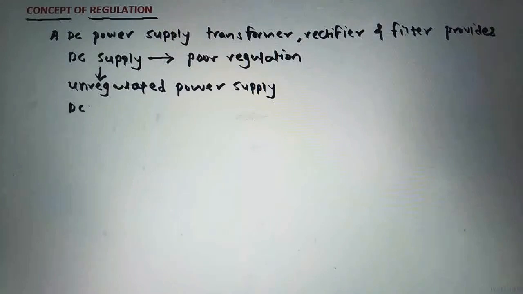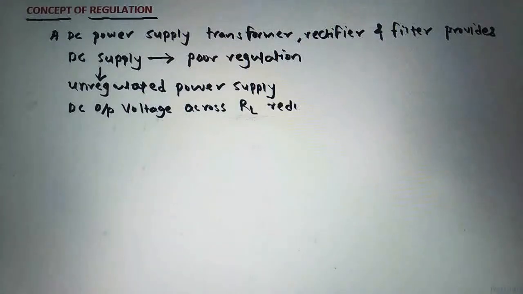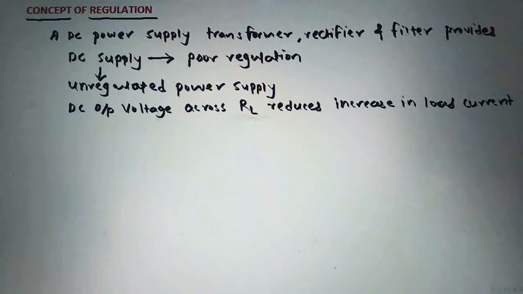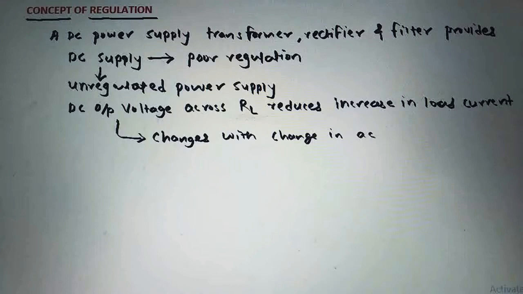Because the DC output voltage across load resistance RL reduces with increase in load current, and this DC output voltage changes with the change in the AC input voltage.